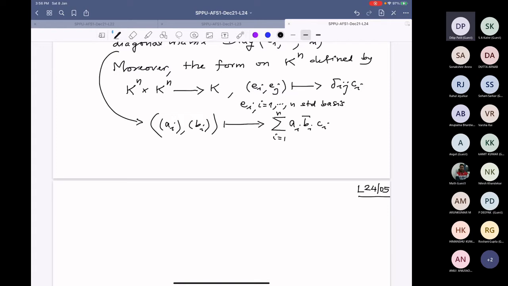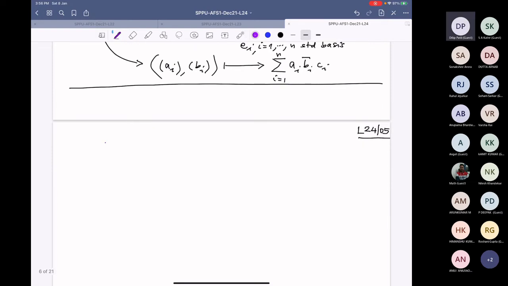What I need to assume is the field is quadratically closed. Then it's easier. Now, what does one mean by quadratically closed?